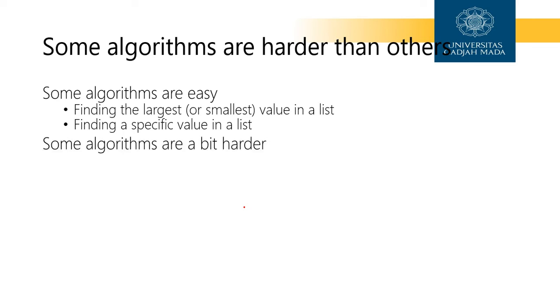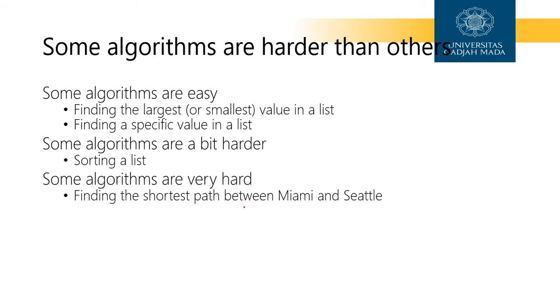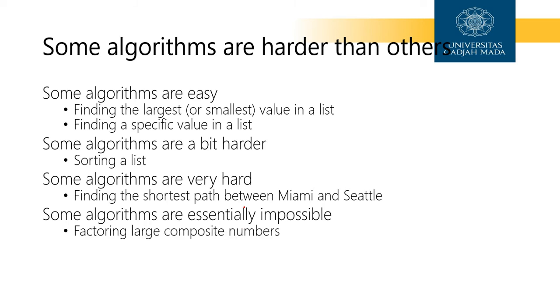However, some algorithms are a bit harder, like sorting a list, how to sort the list so it can be placed in order, ascending or descending. Some algorithms are also very hard, for example, finding the shortest path between Miami and Seattle. Some algorithms are essentially impossible, like factoring a large composite number.